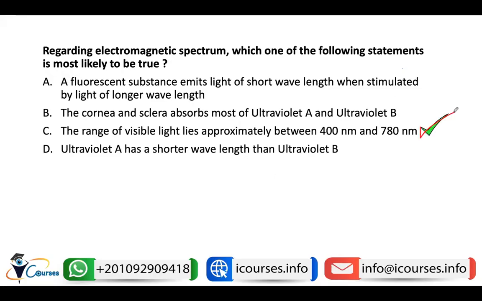It is C. The range of visible light lies approximately between 400 nanometers and 780 nanometers. So let's discover why the other options are wrong.